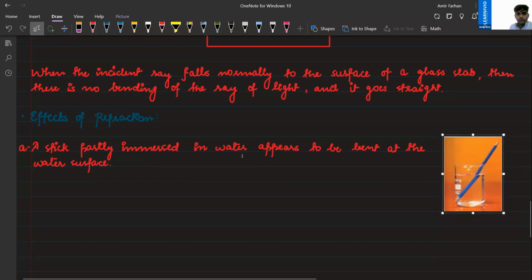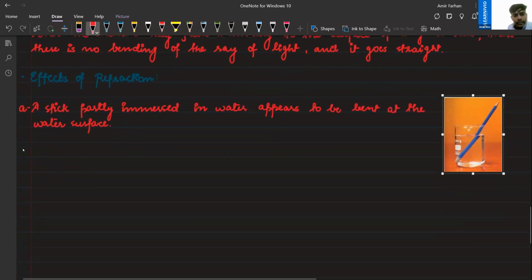Is that clear to all of you? Yes, sir. Next, if you place an object inside the water, it appears to be raised.